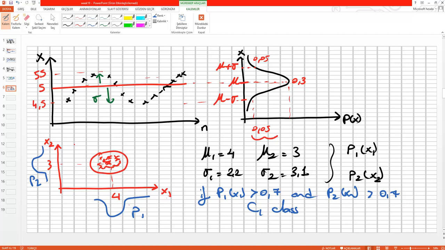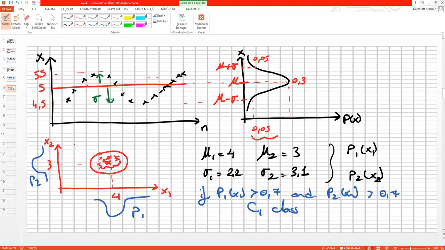Yes, one class, one distribution is not enough to represent your data. In this case, two, x1 and x2, must be utilized, and each x1 or x2 has to have a probability distribution, and each function must have the mu values or the sigma values to represent this class or these class notations.